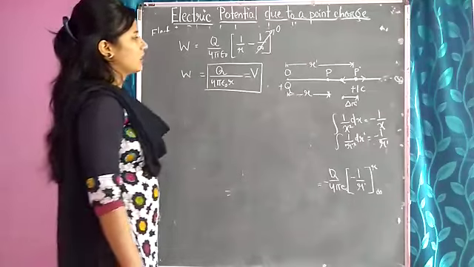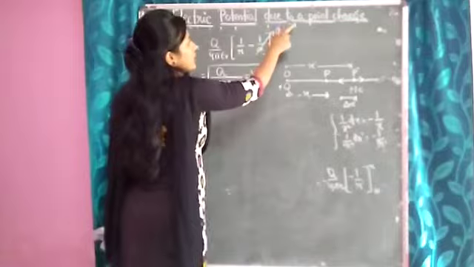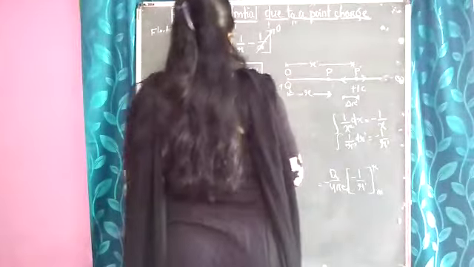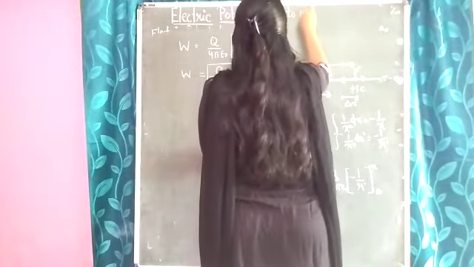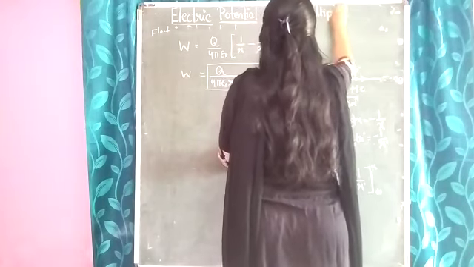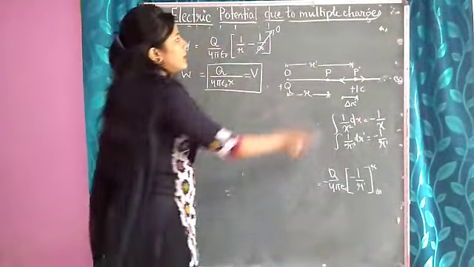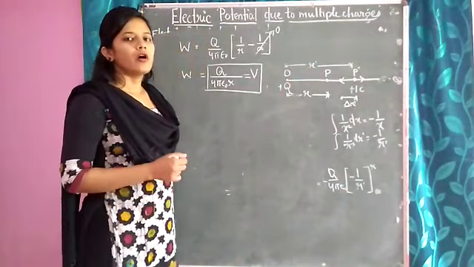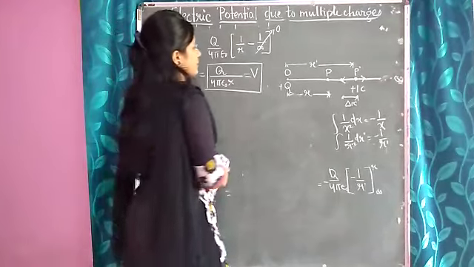Suppose we are asked to find the electric potential at a point due to multiple charges, what will be the answer? The electric potential at a point due to multiple charges is the algebraic sum of all the potentials at that point.